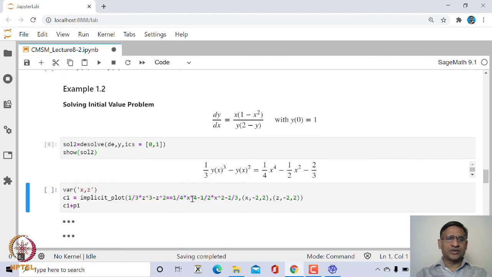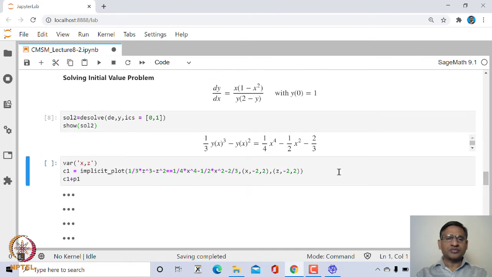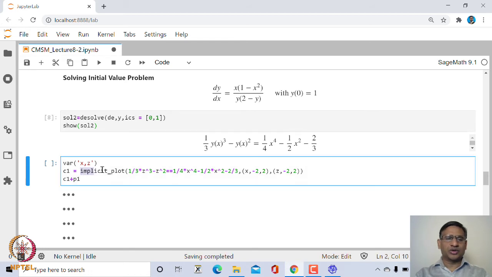Now let us try to plot a graph of this solution curve and see how it looks. The output is in terms of y(x), so we will just replace y(x) by a variable z, and x will be as it is. We have to use implicit plot.